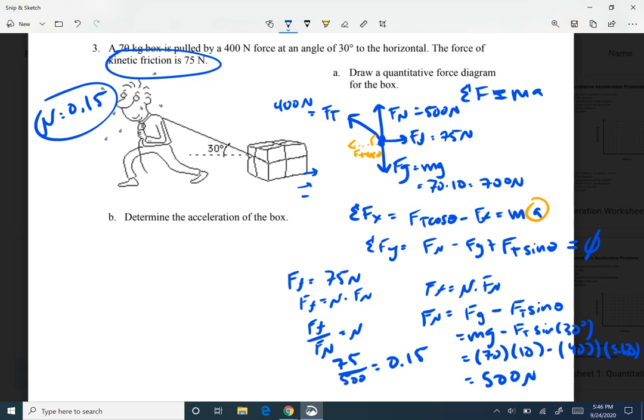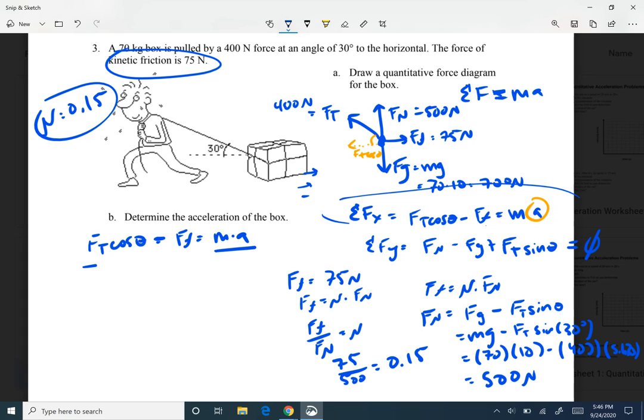Okay, now let's get back to the root of this. We want our acceleration. We know all of our forces now. Let's return to this equation right here where we actually have an acceleration. Now we know what our force friction is. It's in the problem. And our force tension, they told us that. We can solve for acceleration. So force tension cosine theta minus force friction is equal to mass times acceleration.